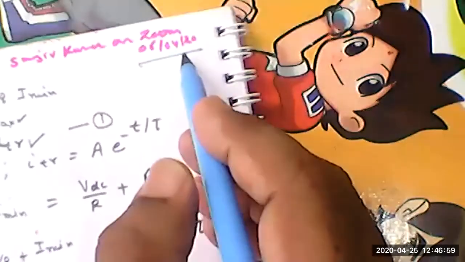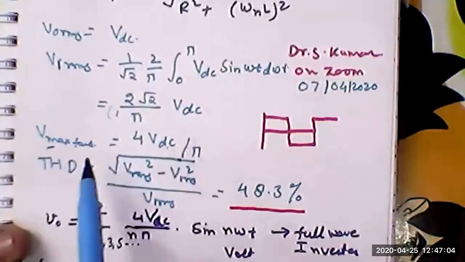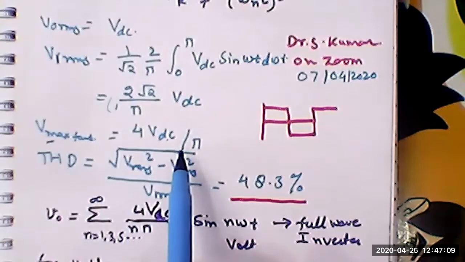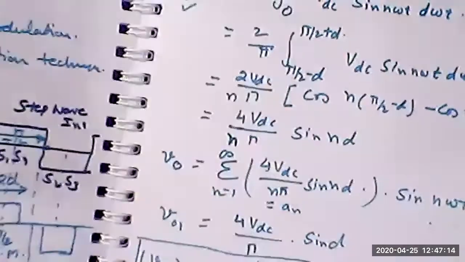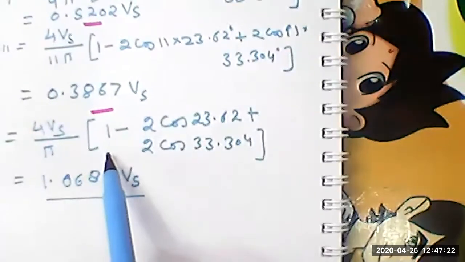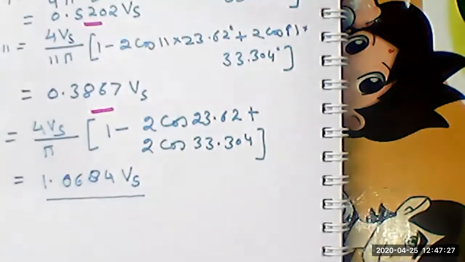We covered this article on 6th of April, where we noticed that the maximum value of the fundamental component comes out to be 4Vdc upon pi. But in this case, it is less than the value what we are getting in case of our step wave inverter.